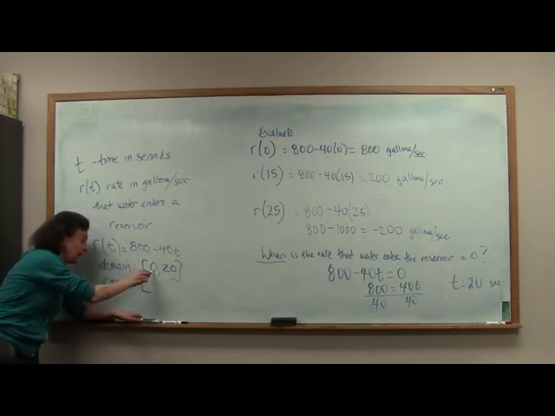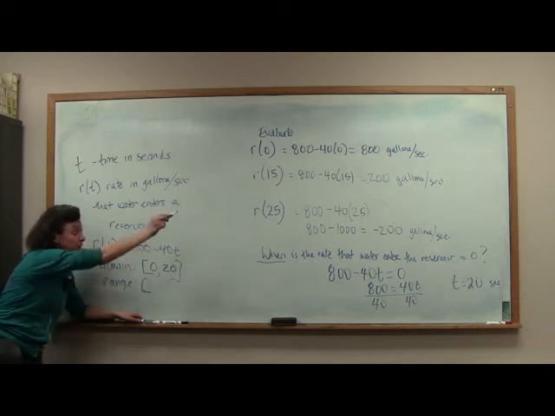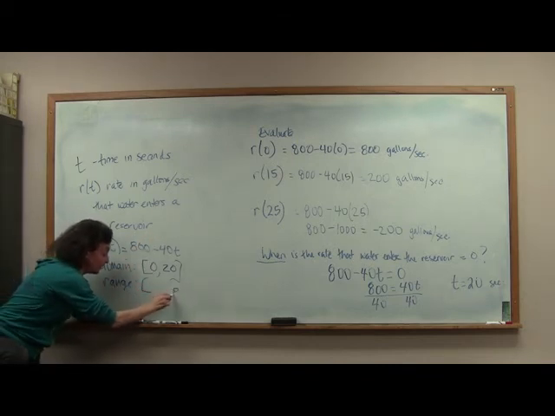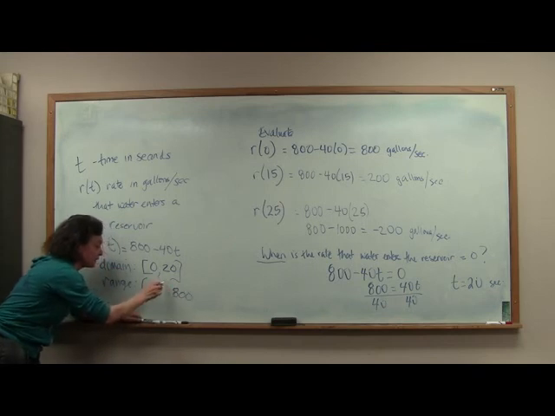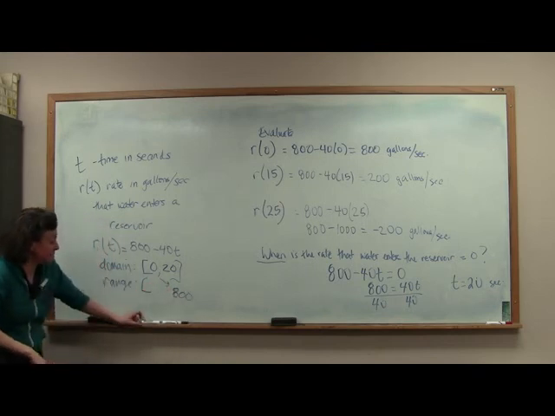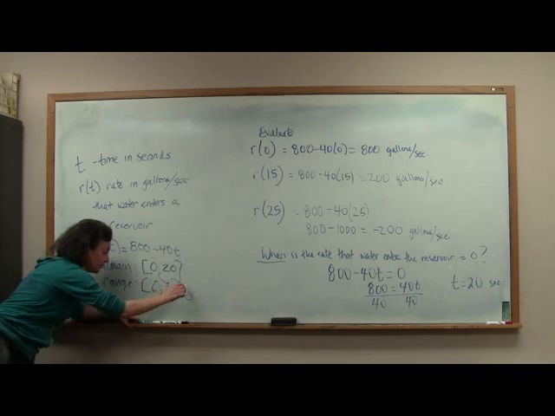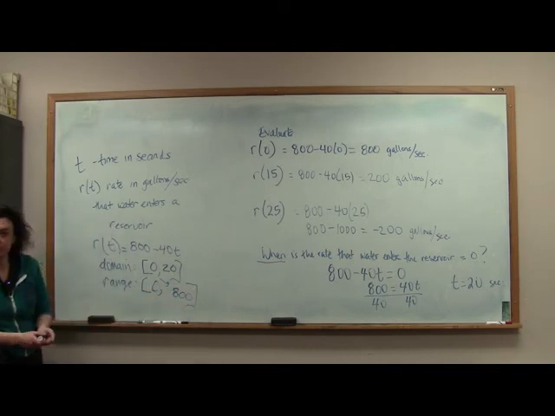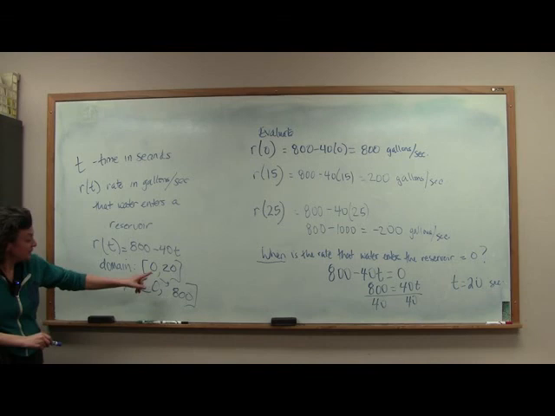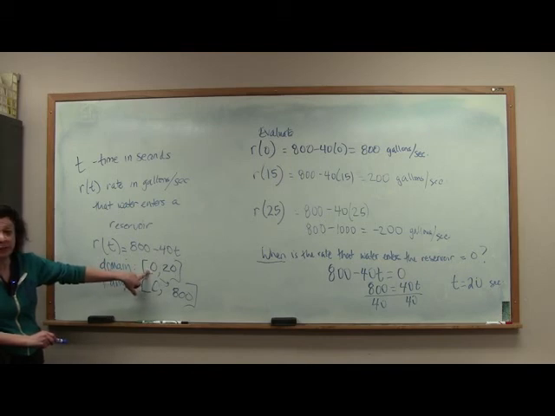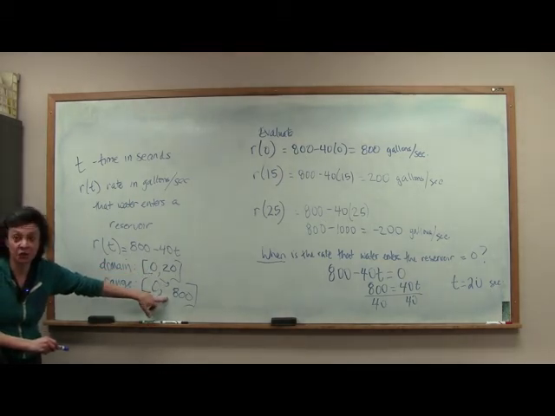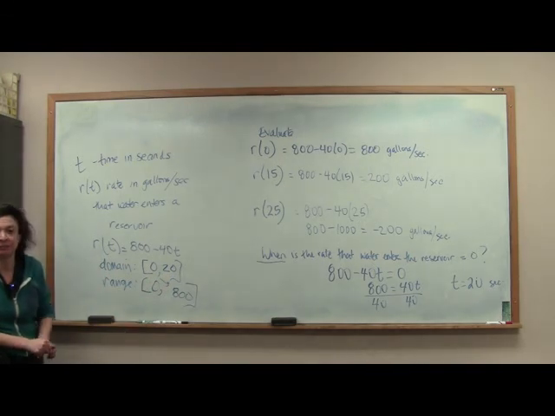Notice that when t is 0, we start out with 800 gallons per second entering our reservoir. And when t is 20, it's at 0. Notice I switched them around because this is a decreasing function. So when we put in our smallest value of our domain, we would actually get the largest value of our range, and vice versa.